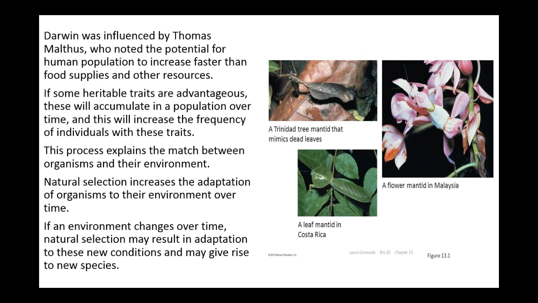Darwin was also influenced by an economist called Thomas Malthus. He, as an economist, theorized that the potential for human population to increase faster than food supplies and other resources, and that in that case, some people are going to unfortunately not have any resources.